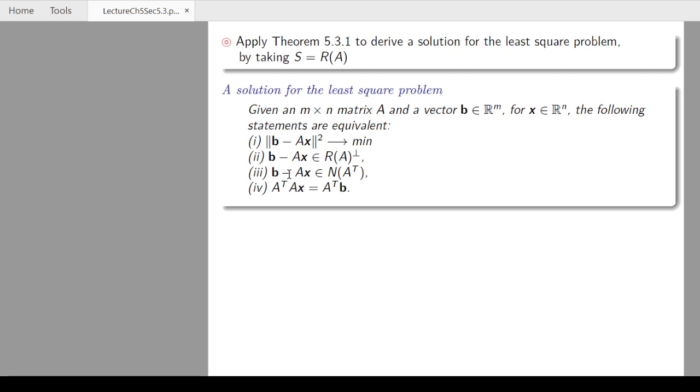The third statement says b minus ax belongs to the null space of A transpose. The fourth statement is an equation: the transpose of A times x equals the transpose of A times B. Now, let's take a look at how to prove these 4 statements are equivalent.